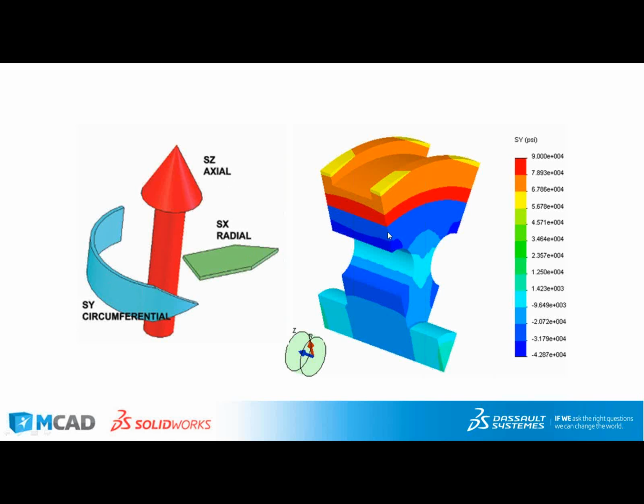So it's very useful for those problems where you want to look at hoop stress, for example. To get hoop stress in a model, if I have an axis in that model that's defined, I can plot the Y component of stress as is shown here. And with that axis selected, that will give me the hoop stress.